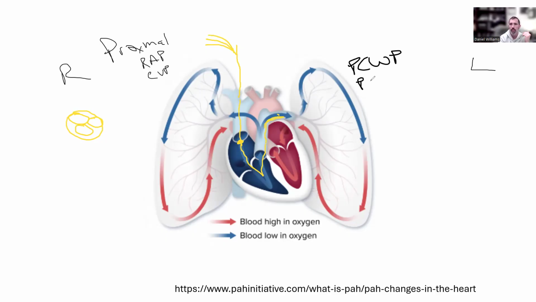I told you yesterday, you can look at that as PAOP, pulmonary artery occlusion pressure, or PAWP, pulmonary artery wedge pressure. While they're three different abbreviations, they all mean the same thing. So you'll want to keep that in mind. And typically we utilize a reference range in the ballpark of 4 to 12 millimeters mercury for that.